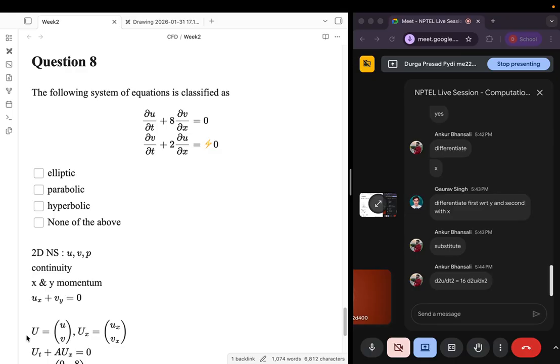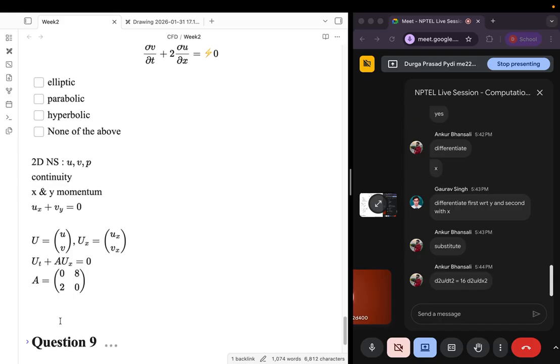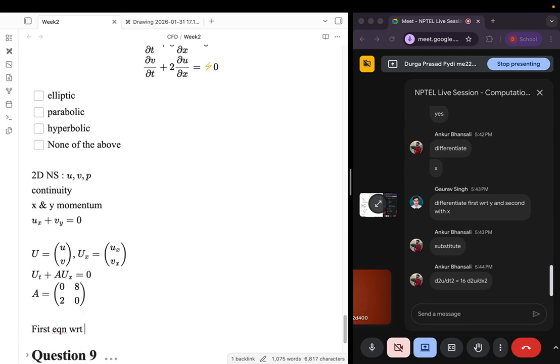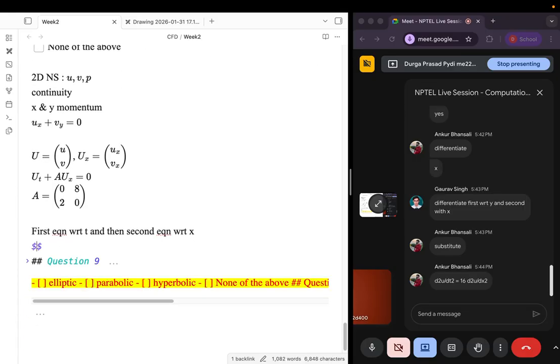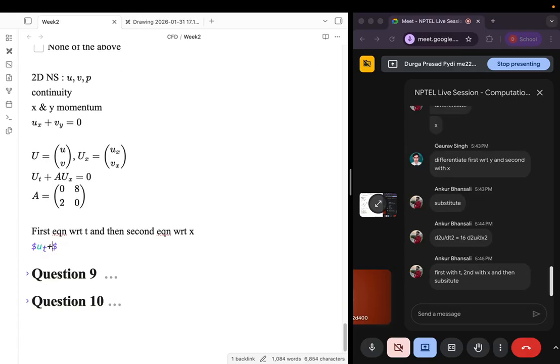So you have done the derivative of the first equation with respect to t, and then the second equation with respect to x, and then you substitute it back, right? So my first equation is ut plus 8vx equal to 0.